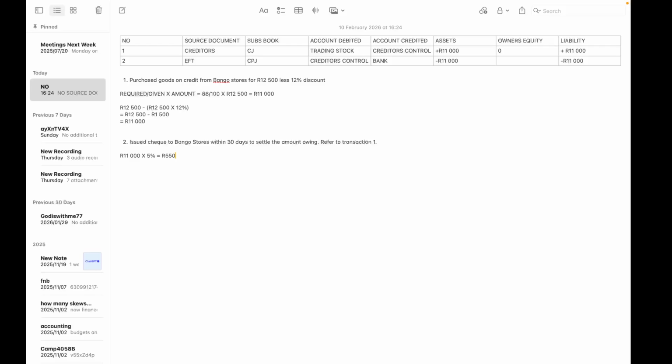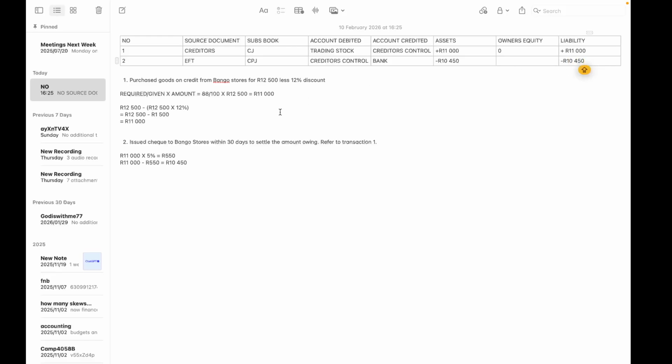So technically we only need to pay 11,000 minus 550, and that is gonna equal 10,450. So we can come here and write 10,450, and then come here 10,450.